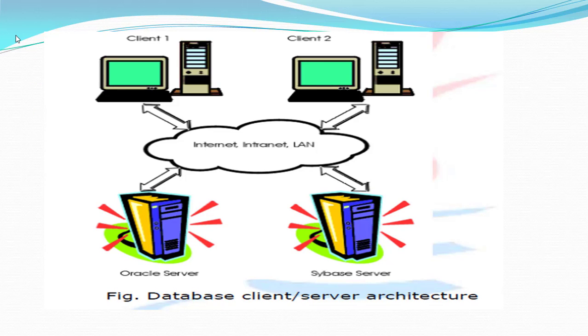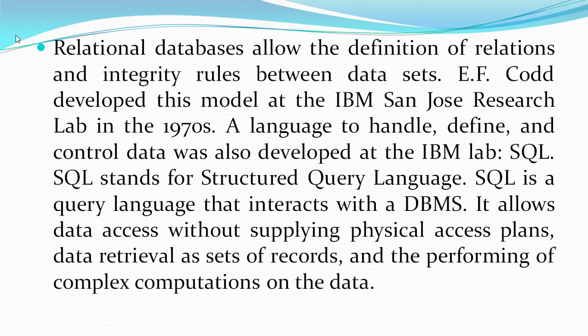The following figure shows the database client server architecture: client 1, client 2, internet, intranet, LAN, MAN, WAN, and this Oracle server, Sybase server. This is the client server architecture.